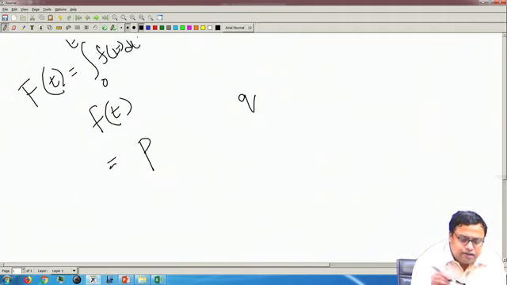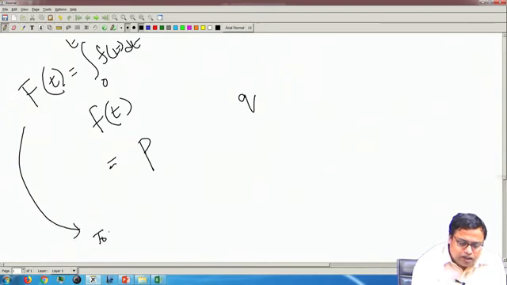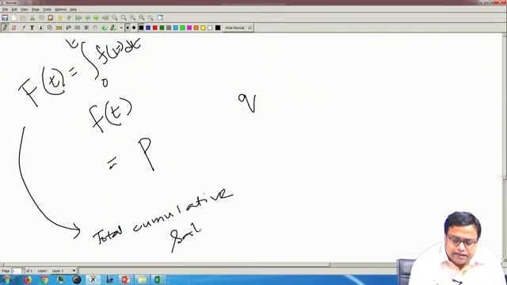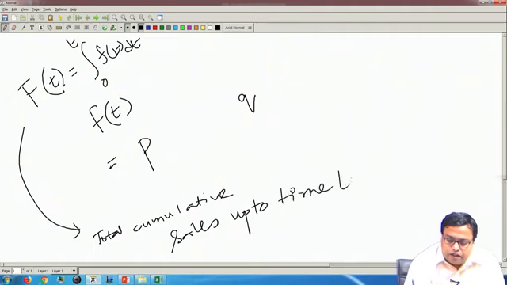In normal language, it is the total cumulative number of people, the cumulative sales up to time t. So, up to time t, the total sales that has happened, or the total number of people who have adopted, is told by capital Ft.